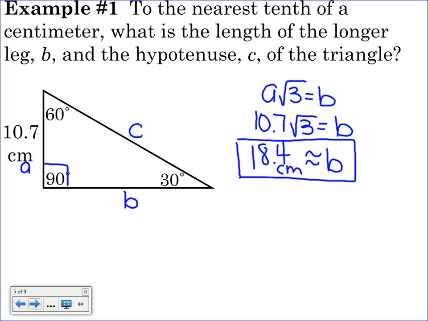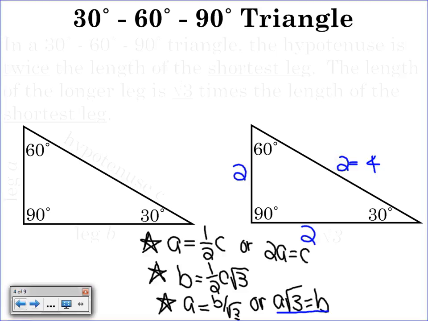Formula? Yeah. A times the square root of 3 equals B. Okay.